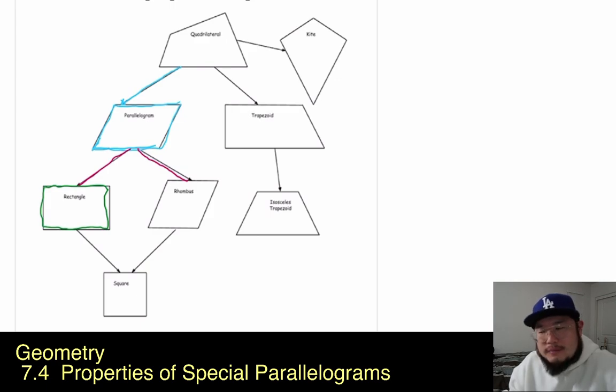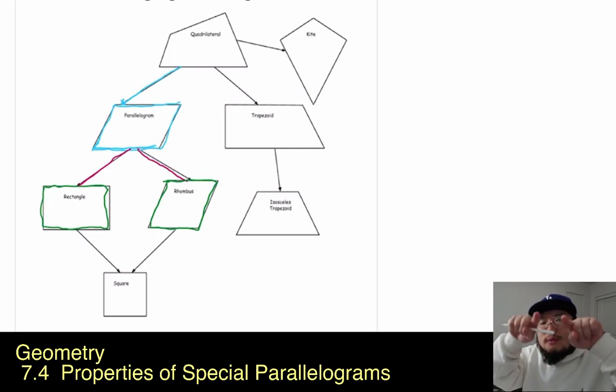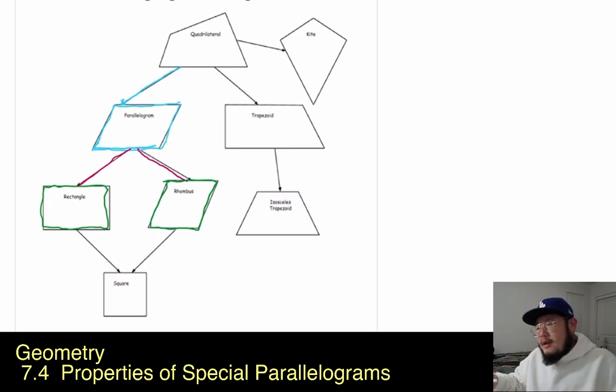And when we take a look at this rhombus, all of its characteristics are those of a parallelogram as well. But a rhombus has some characteristics that a rectangle doesn't, and that's why it got split off. And then the rectangle and rhombus both have characteristics of a square. That's why they combine together.